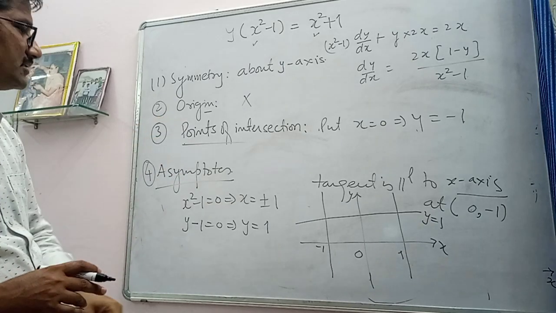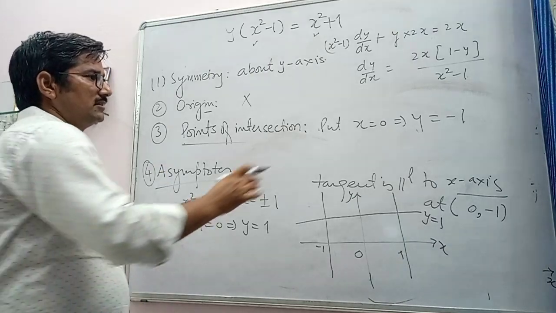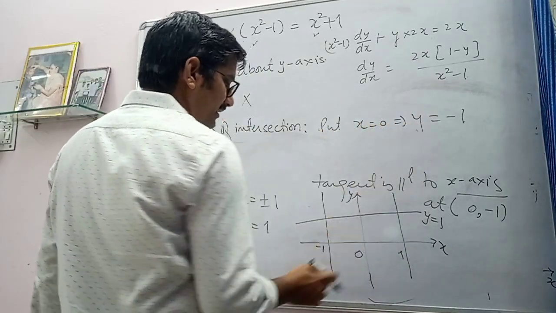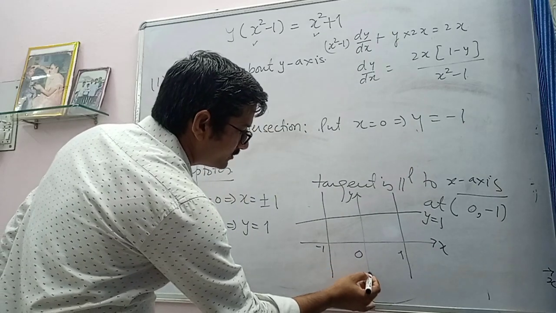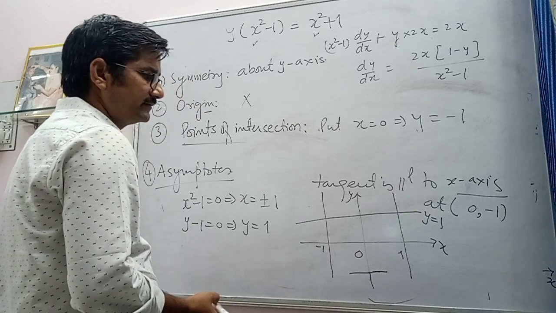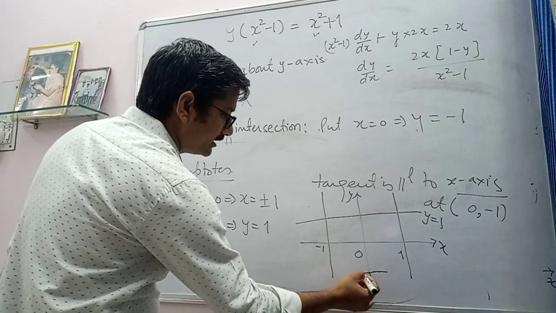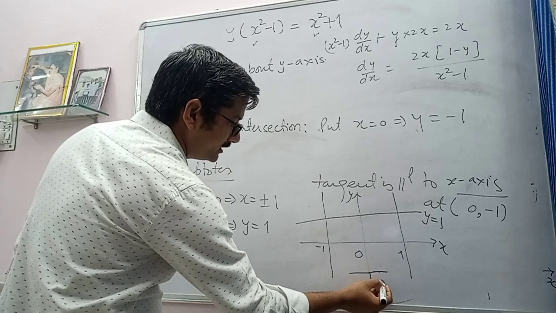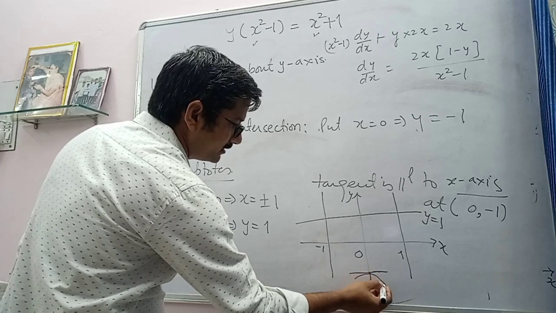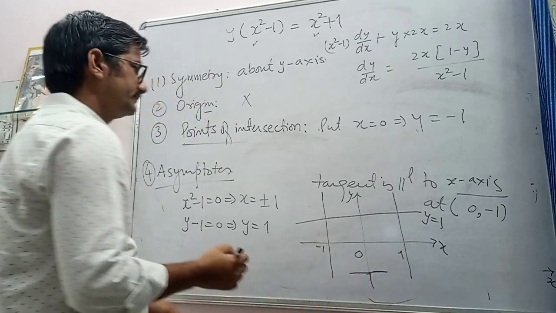The point of intersection of the curve with the coordinate axis is only one, the point 0, -1. 0, -1 is this point. The tangent here is parallel to the x-axis. So the curve either will move in this direction, either will be like this or like this.